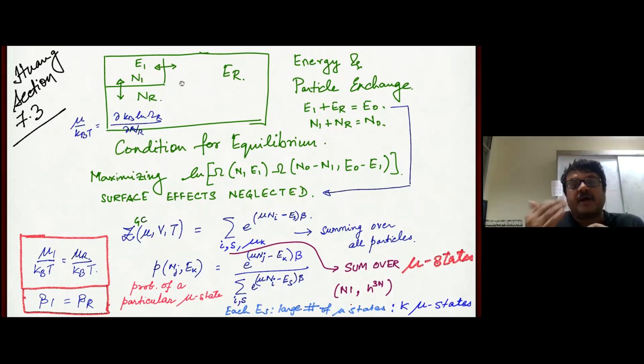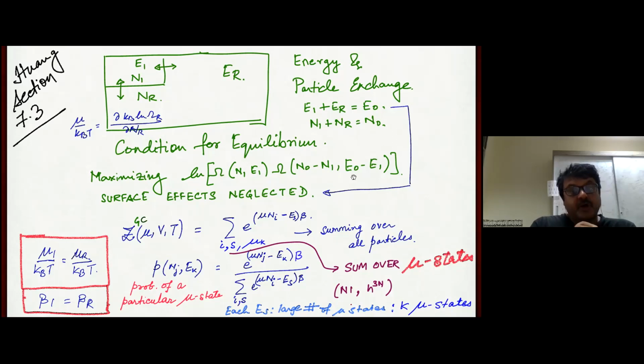Just to remind you what we did in the canonical ensemble, we calculated the number of microstates available if the system had energy E1; the reservoir would then have a lesser amount of energy, E0 minus E1, and we maximized the log of the number of microstates.